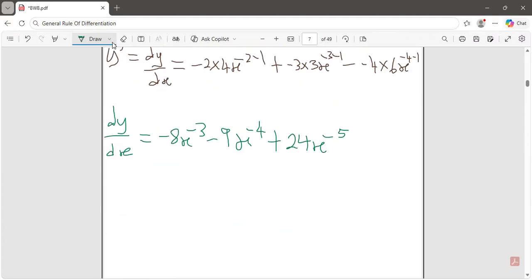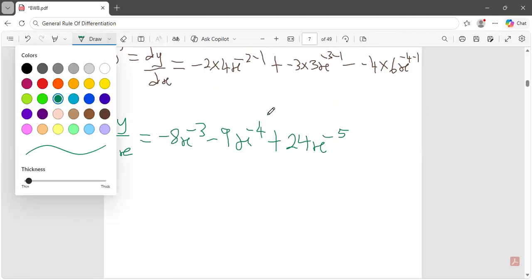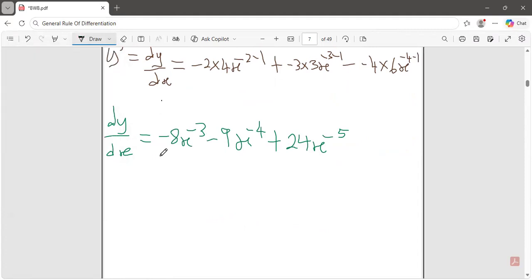If you get to this stage, you can choose to leave your answer like this, or if you still want it in a more coherent manner, why not? It is still accepted. Look at the powers. If you see these powers, you realize that x exponent negative 3 is even greater than x exponent negative 5.